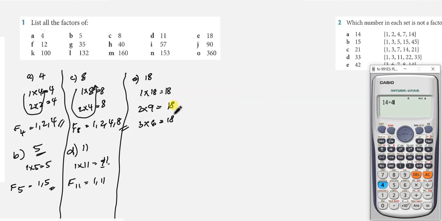Can we divide 18 by 4? No. 5, not possible. Again it comes 18 divided by 6 is equal to 3. So the steps repeat, so we can stop there.